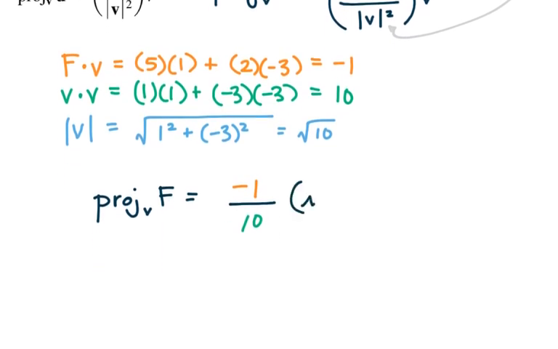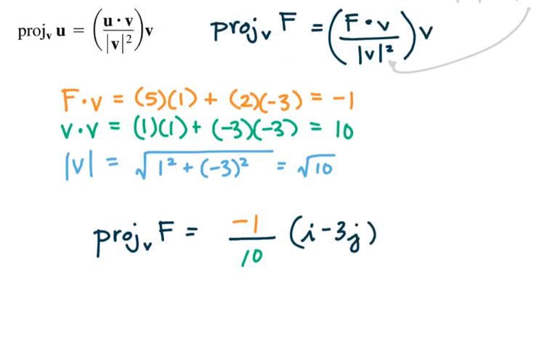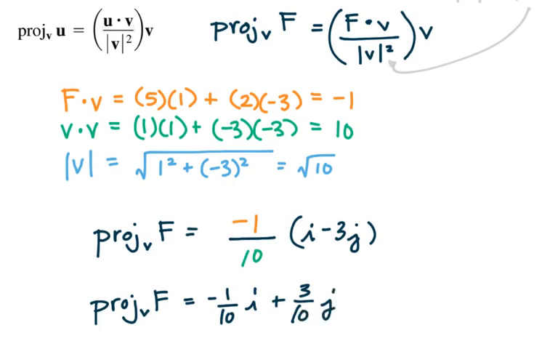So here I'm going to have i minus 3j. Or rather, the projection of F onto V is negative 1/10 i plus 3/10 j.